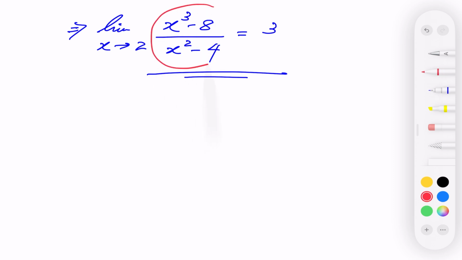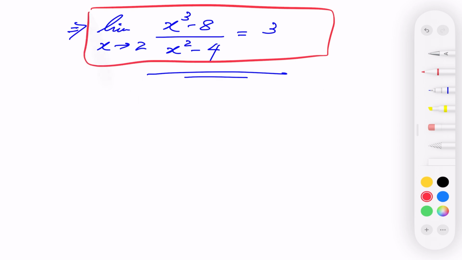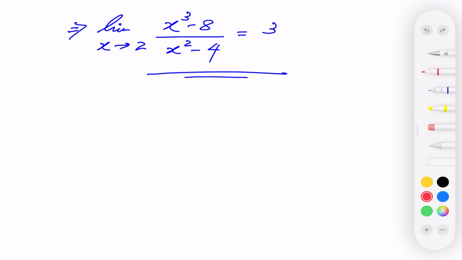Now I have another quick question for you. Is this function, x cubed minus 8 all divided by x squared minus 4, continuous within a neighborhood of x equals 2? Well, we saw that the limit exists, but does it guarantee the continuity? Nope, because if the function is continuous, of course, yes, the limit should exist.